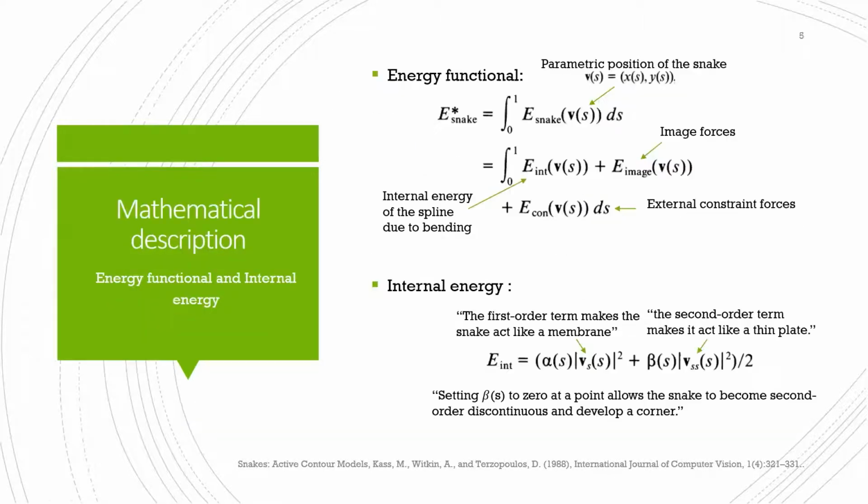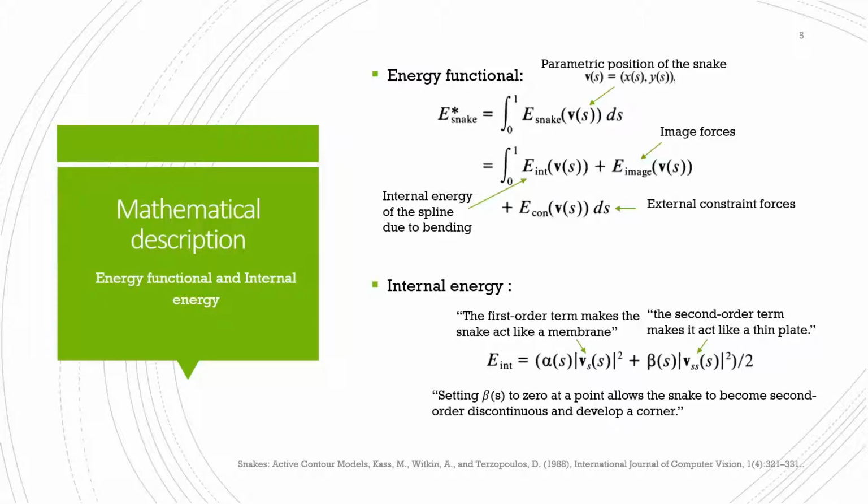These are the mathematical descriptions, this is the total energy of one snake. Another thing is that in the example I have shown only a round initialization, but it's not necessary that it has to be a closed contour. It can be an open contour, like a curved line also, and then that line will be moving.